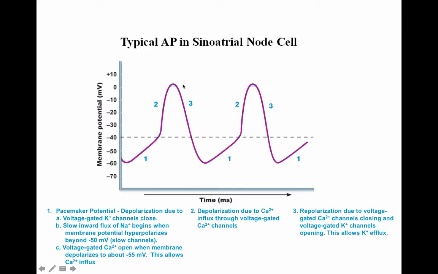Once they've reached a certain millivolt level, they start closing, and potassium channels will open so that we have that similar potassium efflux, or exit out of the cell, like we see similarly in skeletal muscle cells.